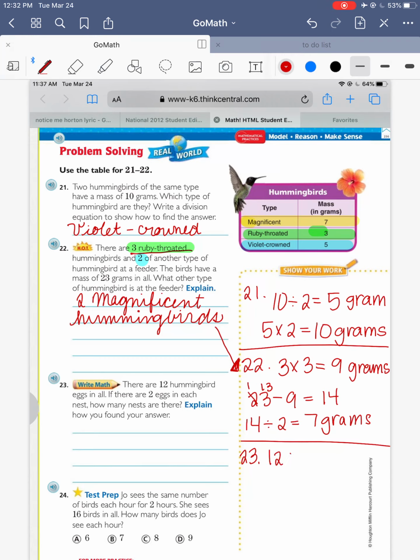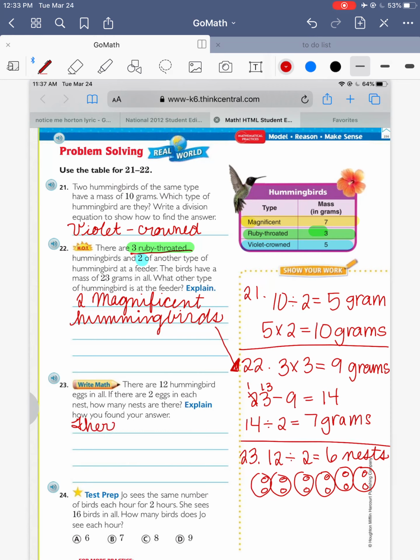So 12 hummingbird eggs divided by 2 eggs in a nest. So 12 divided by 2, we can make 2 eggs, 4 eggs, 6 eggs, 8 eggs, 10 eggs, 12 eggs. So there's 1 nest, 2 nests, 3 nests, 4 nests, 5 nests, 6 nests. How many nests are there?